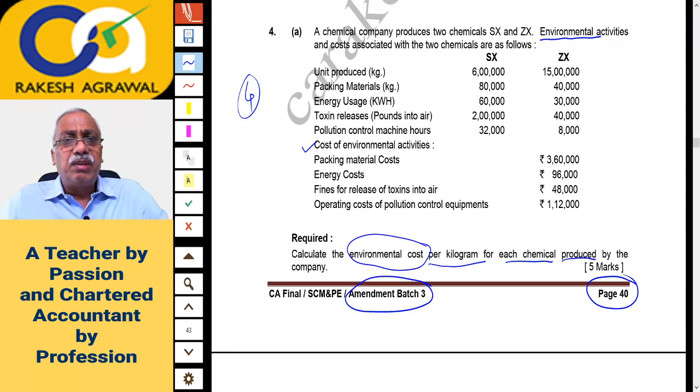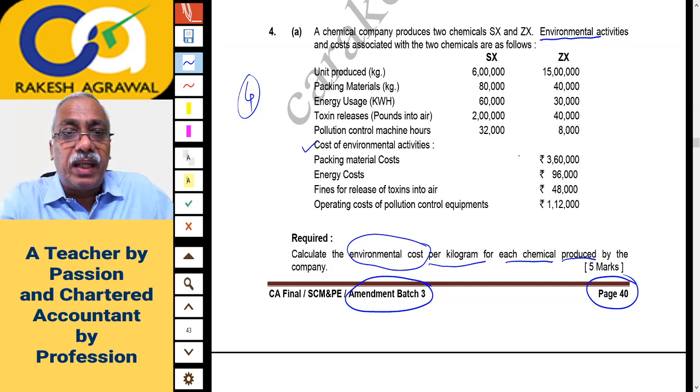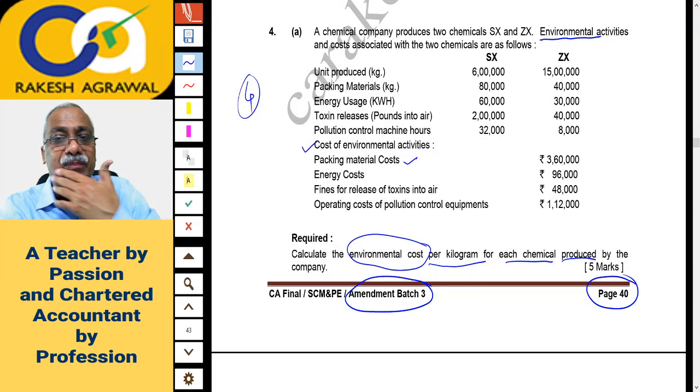Now I'll just discuss from here itself. You have to decide which environmental cost will be shared in which proportion between the two products, SX and ZX. I think it's a very simple question for 5 marks.